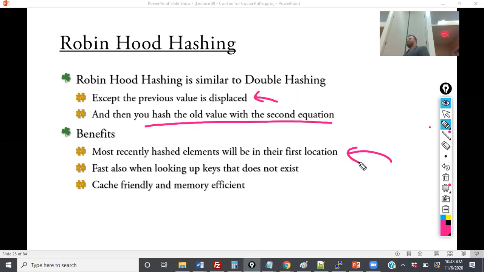So with Robin Hood hashing, when elements are moved and replaced with a more recent one, the elements that have been more recently hashed are less likely to have to go to a second iteration. They're going to be there when we want to look them up the first time. Does that make sense? So that's one potential benefit of Robin Hood hashing. And therefore, that makes it cache friendly and memory efficient.